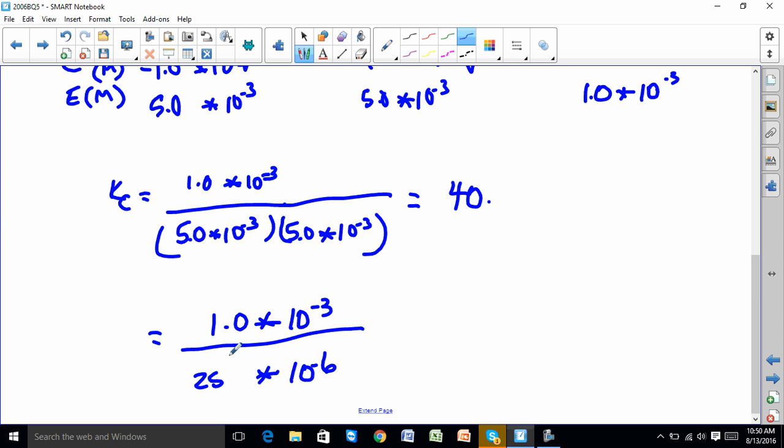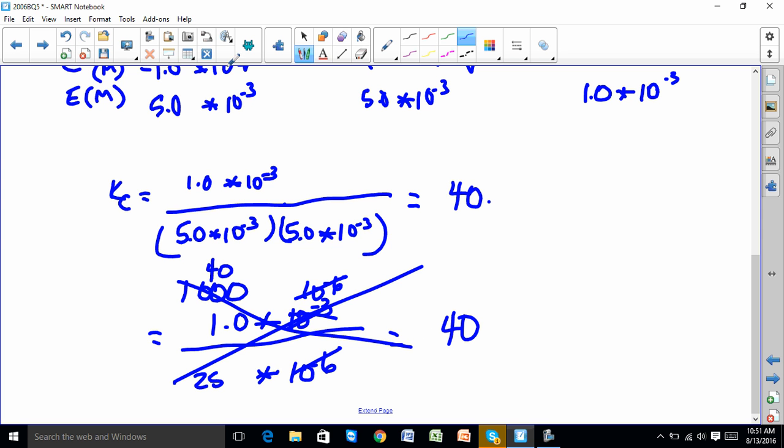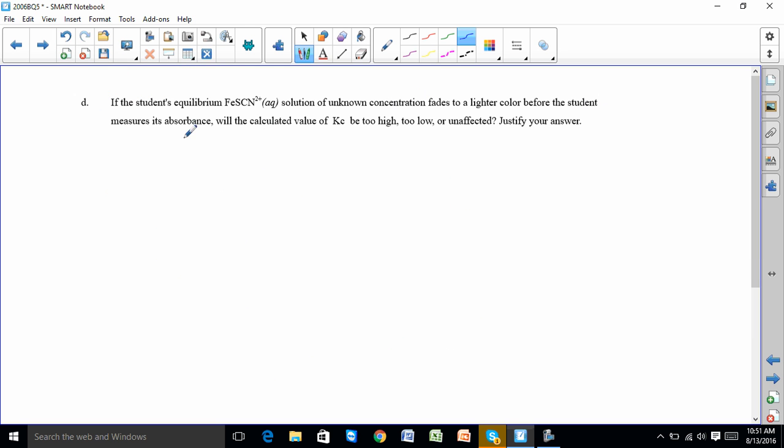So this cancels, but if you make this 1,000 times smaller, you have to make this 1,000 times bigger. And so then how many times does 25 go into 100? 40. So 25 goes into 100 4 times. And so that's how you would do it without a calculator. That won't ever happen to you guys, so good for you.